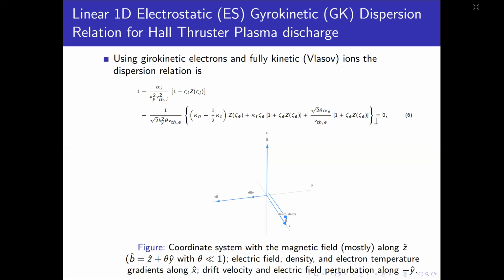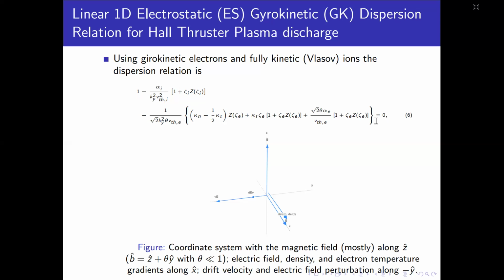The answer is that gyrokinetics is only applied to magnetically confined plasmas. The only species confined magnetically, in this case, are the electrons, while the ions are formed and accelerated towards the exit plane of the thruster, and that's it. So for the ions I have a fully kinetic description, and for the electrons a gyrokinetic description.